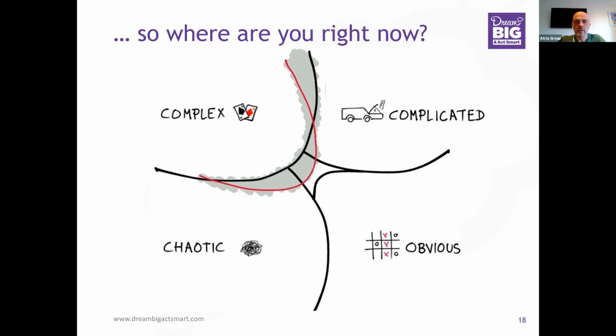Let's do it. Just go and do it. And after we do it, we coach ourselves or we coach people. So the combination of directive and coaching is very useful in complex situations.